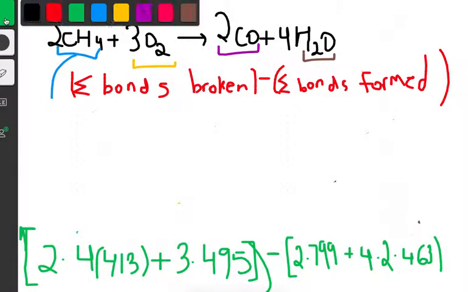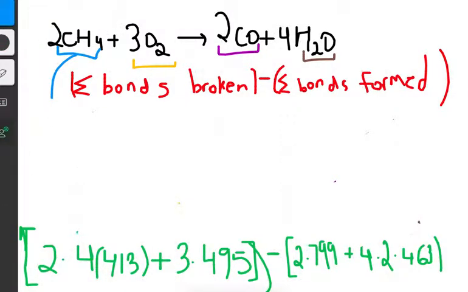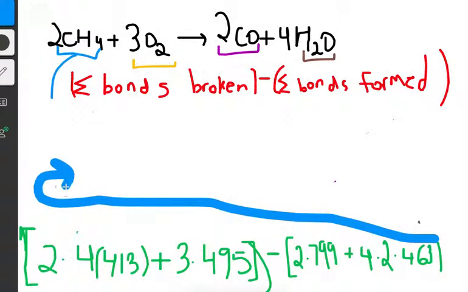Okay, so I'm going to continue the problem in blue up here. Now I'm going to multiply everything out. So here we had 2 times 4 times 413, which is 3,304. 3,304 plus 3 times 495, which is 1,485.